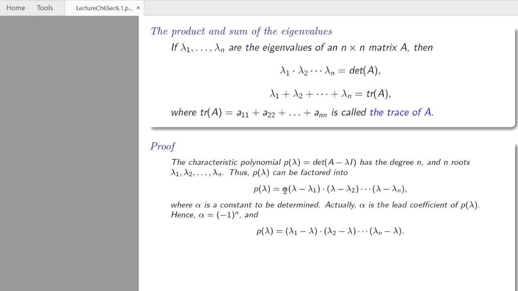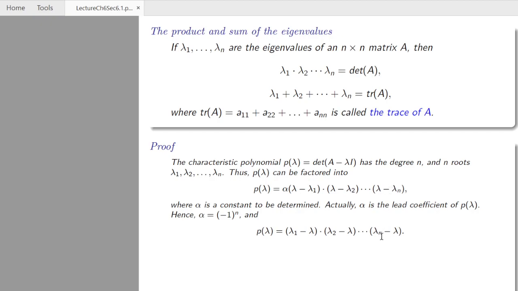And then from this, we make a switch because alpha is negative 1 to the n. So we change lambda minus lambda 1 into lambda 1 minus lambda. So we get this form. Each negative 1 times the first term, we change by this term, and the last one, negative 1 times this, we get this.